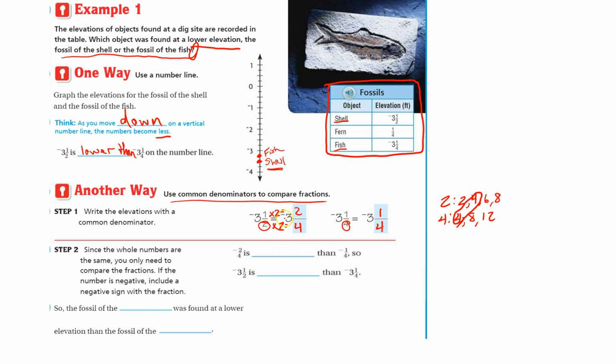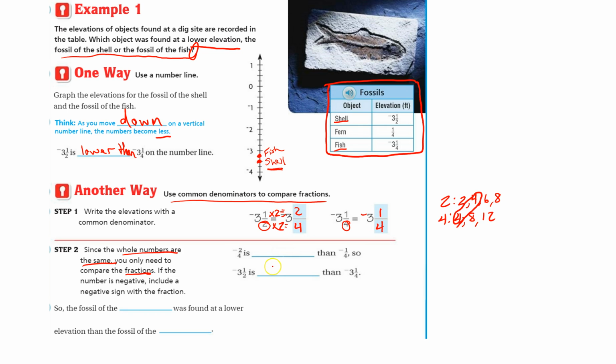So negative 3 2/4 and -3 1/4. Since the whole numbers are the same, you only need to compare the fraction part. So they're both negative. So -2/4 is blank, then -1/4.